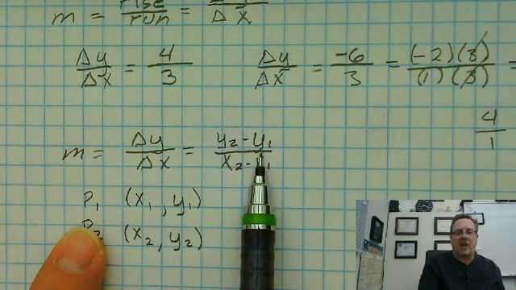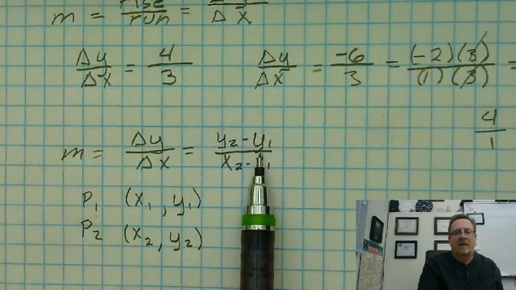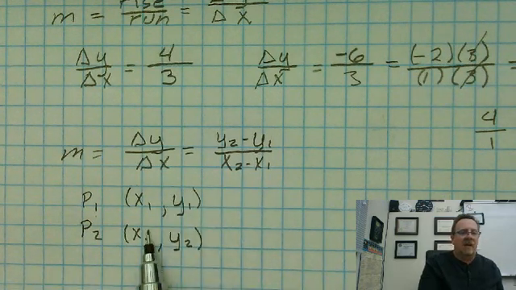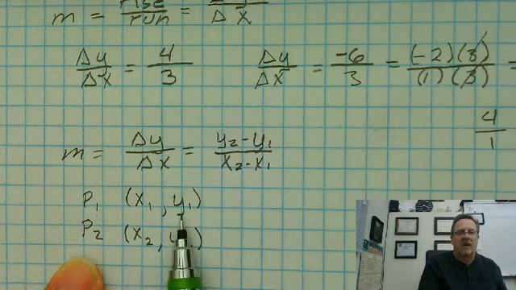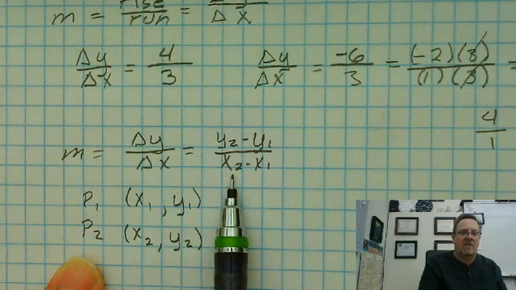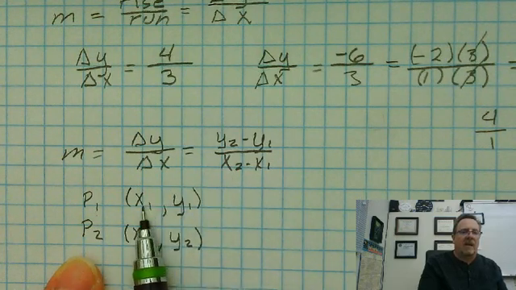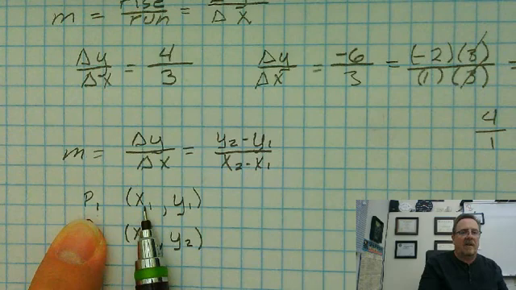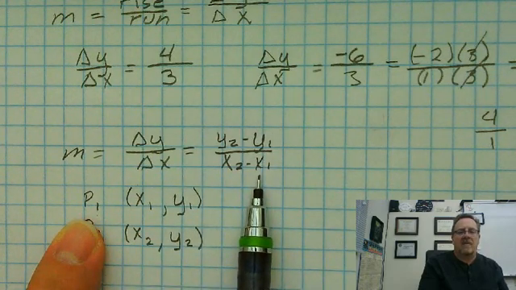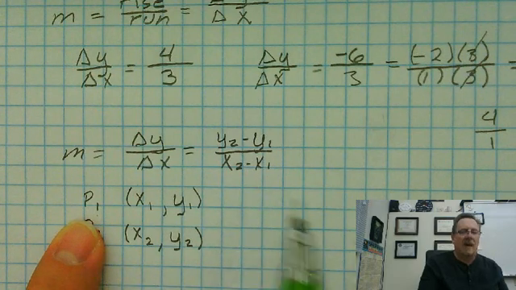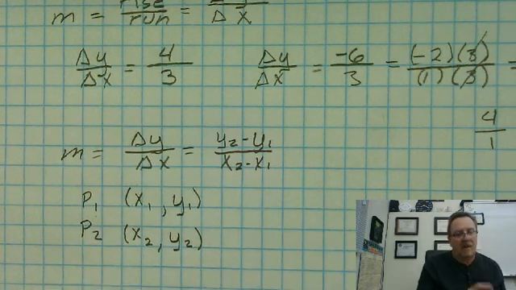That's going to help us find the change or the difference in the y values. And then I'm going to come back down and choose the x2, or the x value from point 2, and plug that in for x2, and look at the x value from point 1 and plug that into the x1 value in our formula. It'll make more sense in a moment.